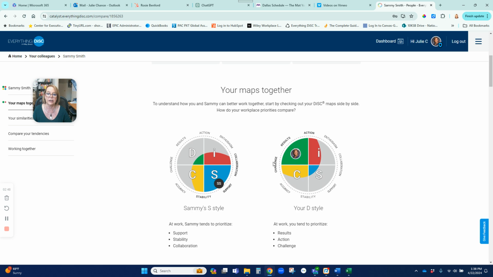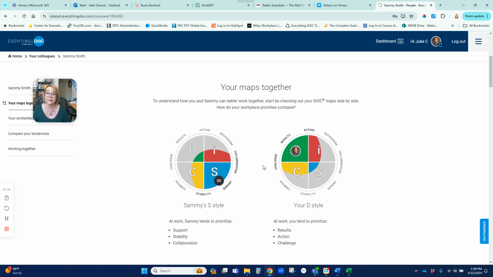Then we'll take a look at our maps together. As you can see, Sammy and I are on opposite ends of the spectrum, diagonally. He is an S style and I am a D style, so we're in opposite corners of the map.